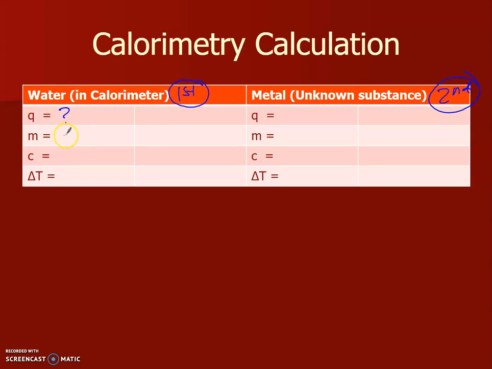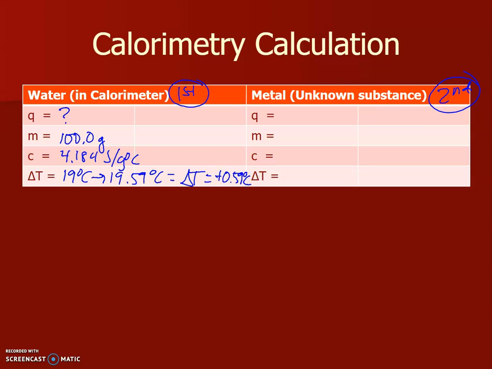We know that it is 100 grams of water in our calorimeter. Water has a specific heat of 4.184 joules per gram degrees Celsius, and it went from 19 degrees in my calorimeter to 19.59 degrees. So that gives me a delta T of positive 0.59 degrees Celsius.